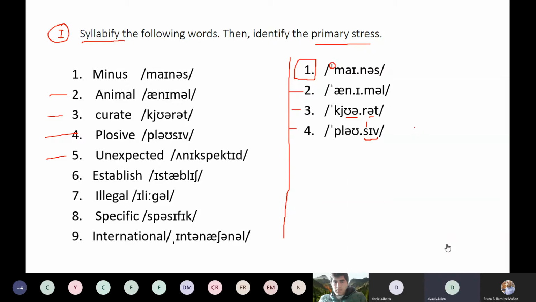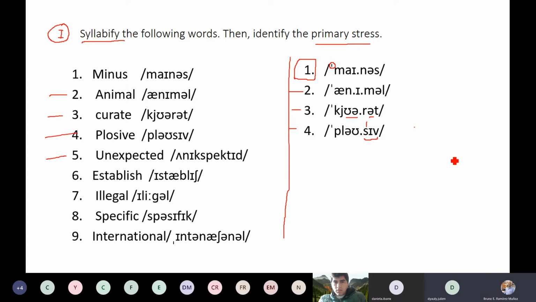It's a tricky word because the stress can be in the last one and the middle. Yes, but I think it's in the middle. And we have 1, 2, 3. We have 3 syllables, and the stress is in the middle, I think. Please correct me if I'm wrong. All right. I don't know.